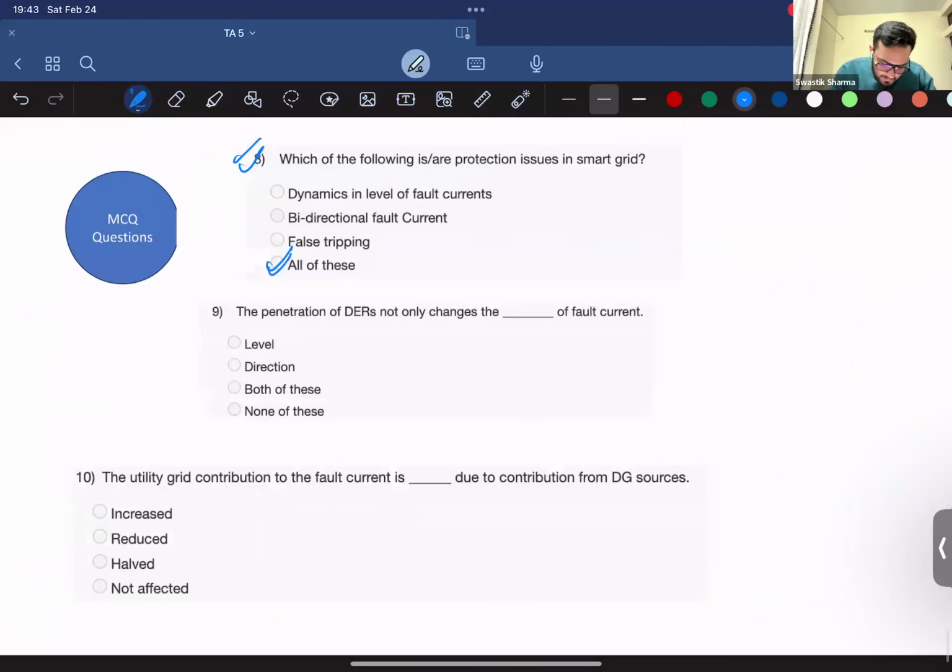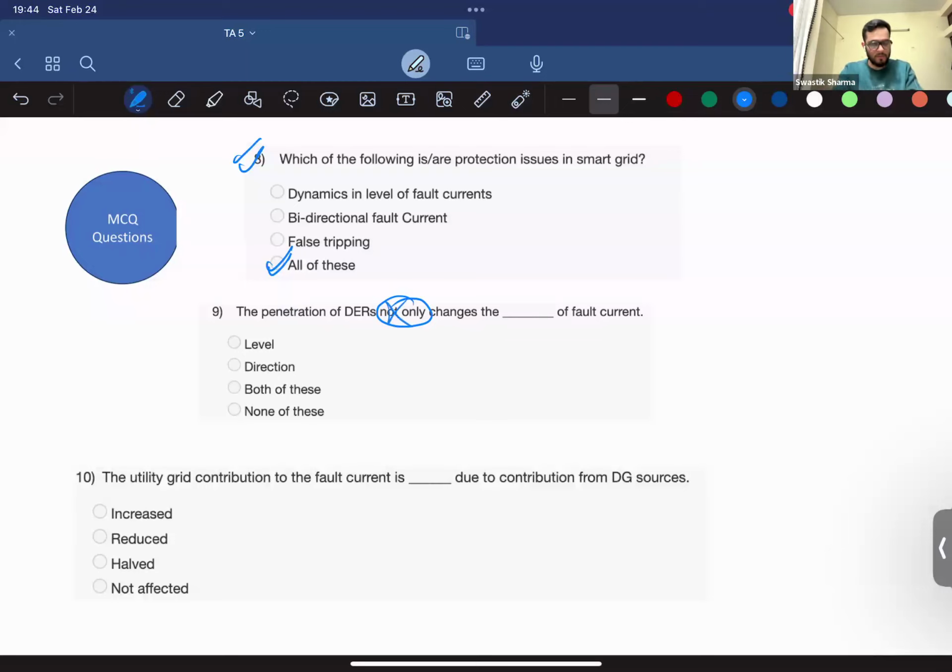So the penetration of DRs not only changes the dash of the fault current. The penetration of DR changes the dash of the fault current.